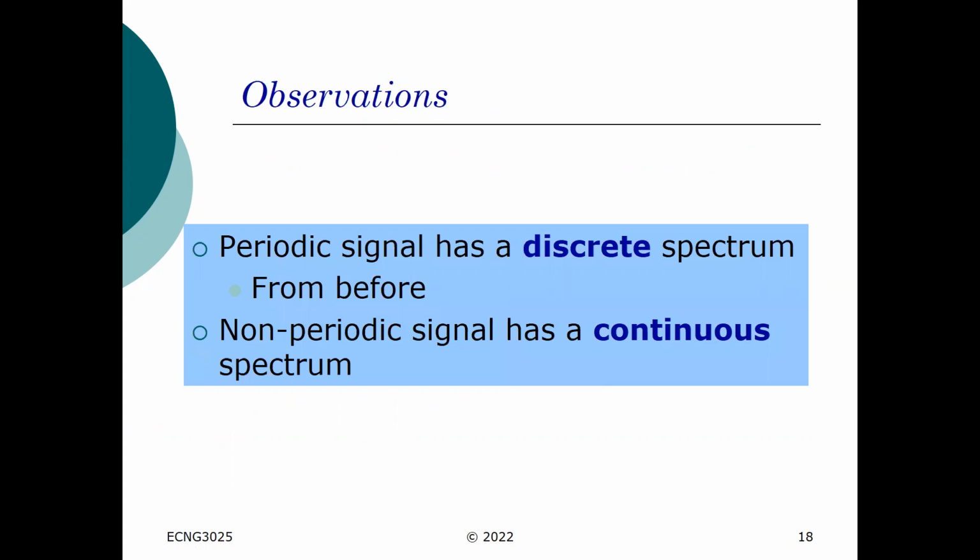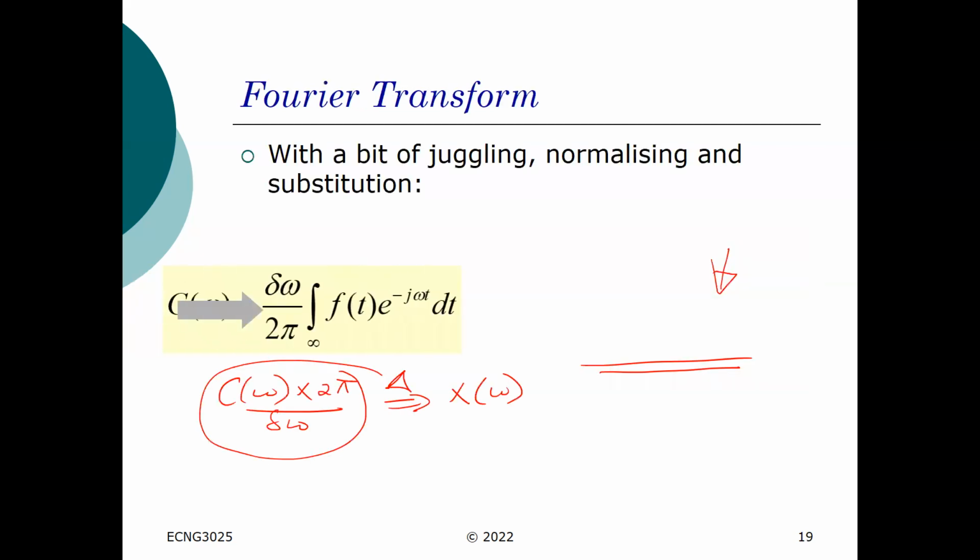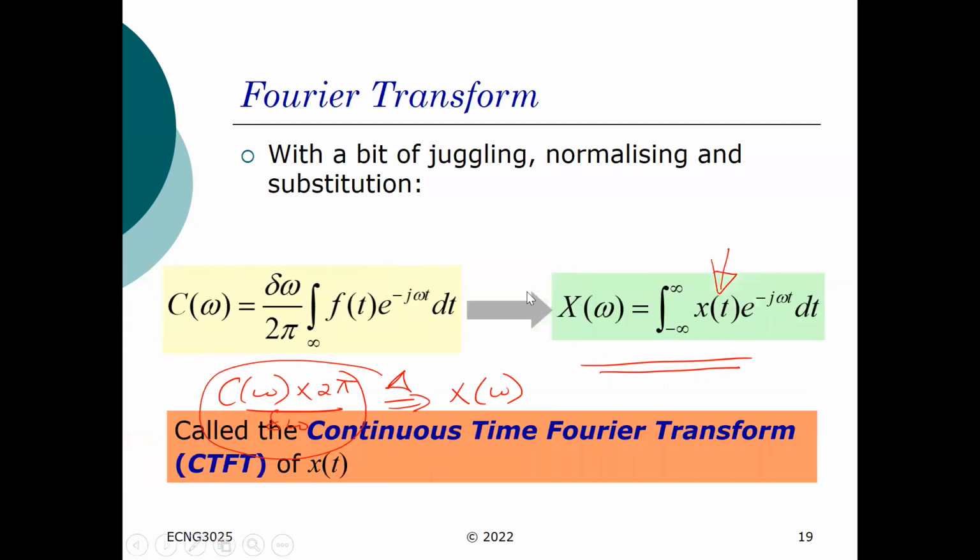We saw that from the square wave. The non-periodic signal has a continuous spectrum. So we go back here. In our case, we were just calling this the Fourier transform, but I kept pointing out that the more correct version was something called the continuous time Fourier transform.